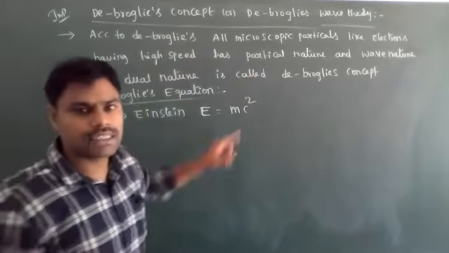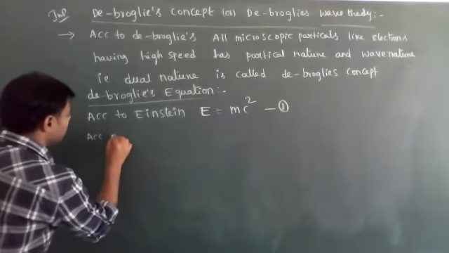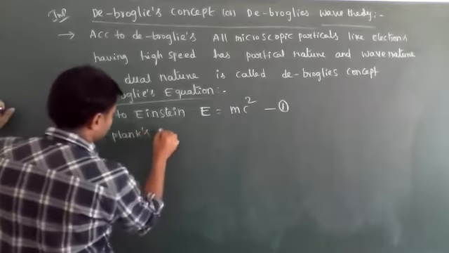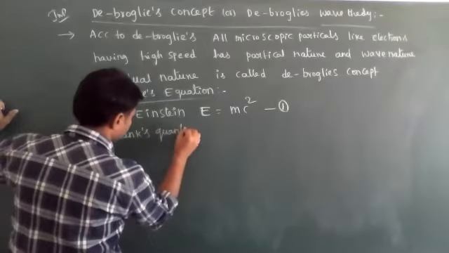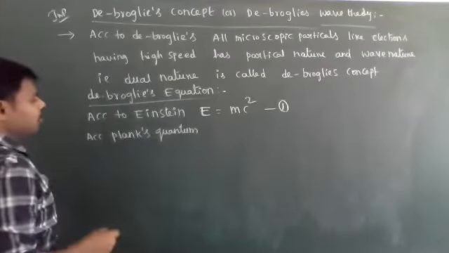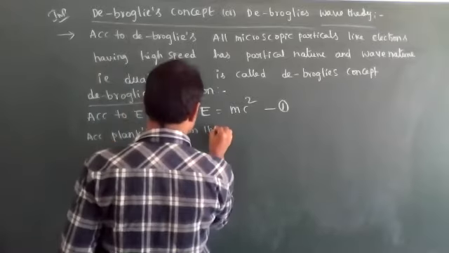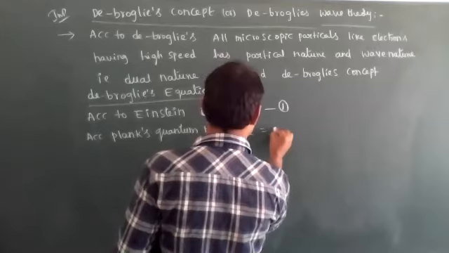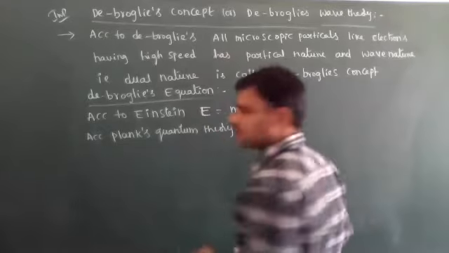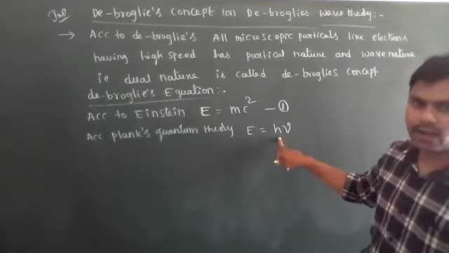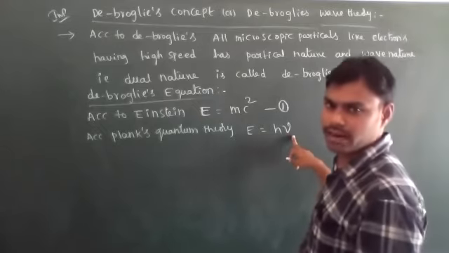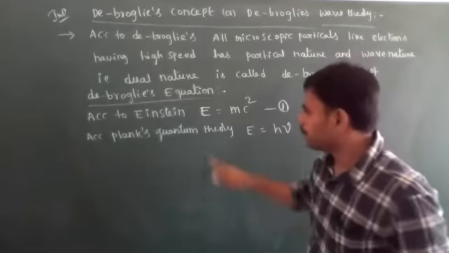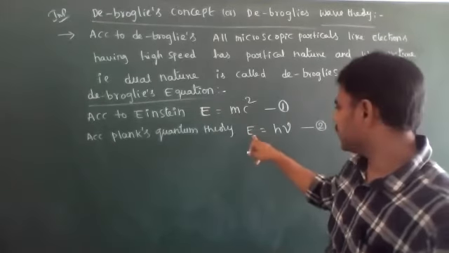And according to Max Planck's quantum theory, E is equal to h nu, where h is Planck's constant and nu is the frequency of radiation. See, on both left hand sides, energy is present.